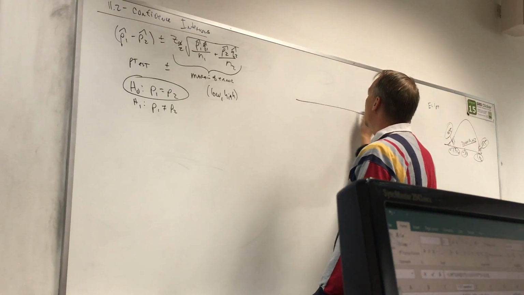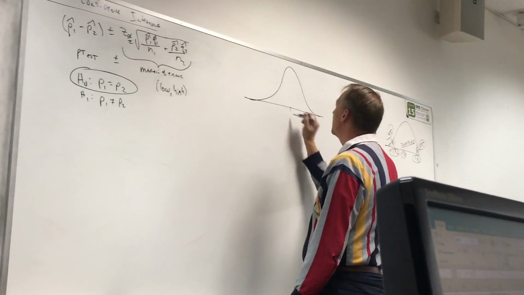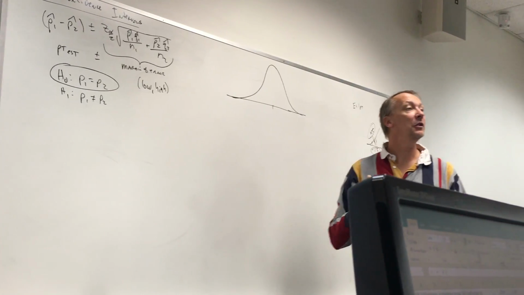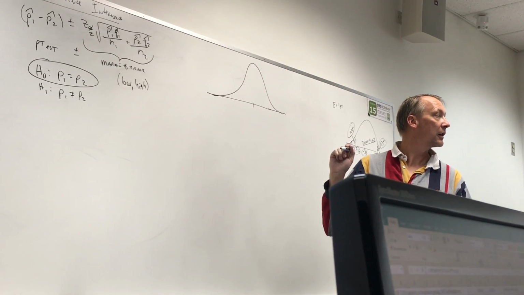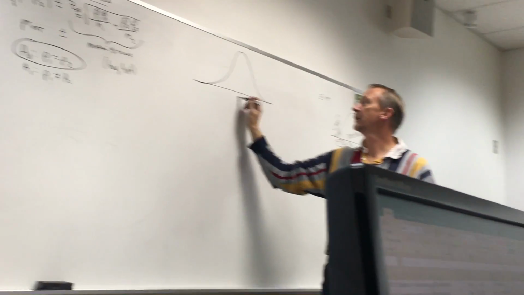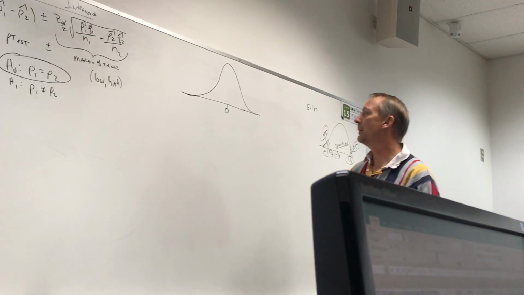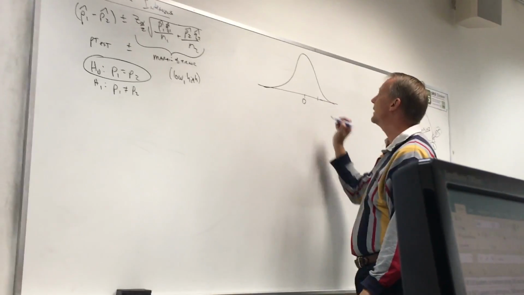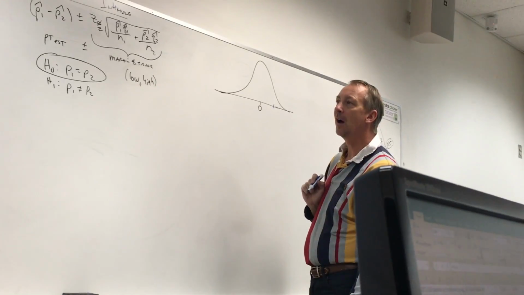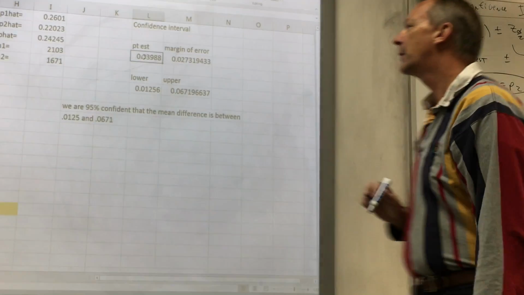So if I were to draw my normal curve, we would have said that the difference would be equal to 0. There's no difference between those two groups. In my case, I found a confidence interval, and I found out that the mean difference was actually about 4%, 0.03988.